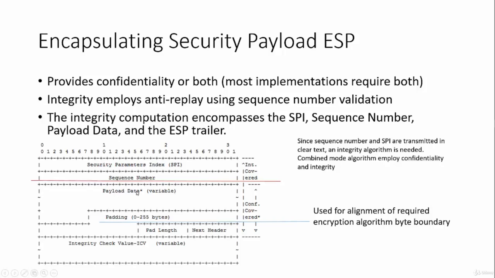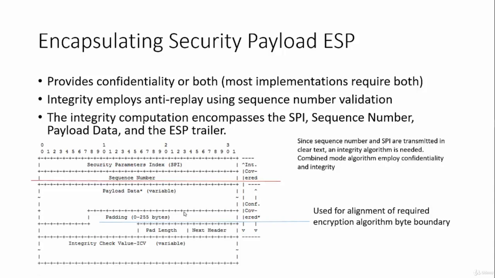And then you have the payload data, which is the actual payload that was encrypted. So basically, it does the encryption and puts the outcome inside the payload data. And then you have some padding, which is done to obfuscate the data and also to align the bits with the algorithm bit boundary.